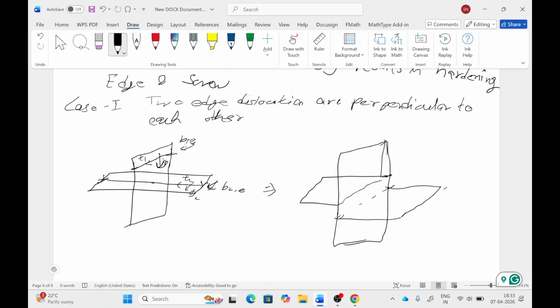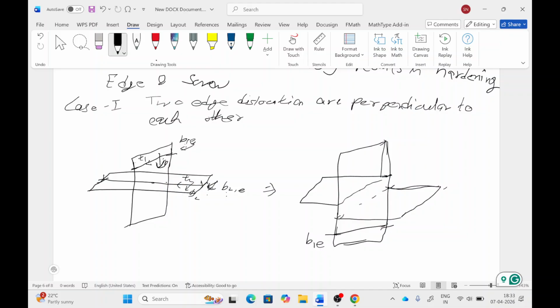As we know, the Burgers vector of the first dislocation is parallel to the Burgers vector of dislocation 2. So the first dislocation will move forward with no alteration in the dislocation line. So this is B1E. But the dislocation lying on the second plane will extend like this.